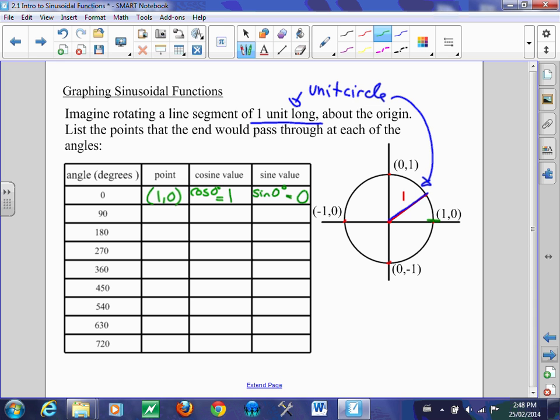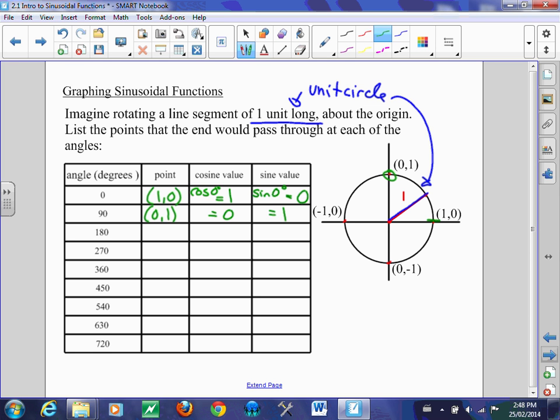Then we go to 90 degrees, so up here. At 90 degrees, our point is 0, 1. Plug that in your calculator, you get a cos of 0, and you'll get a sine of 1.